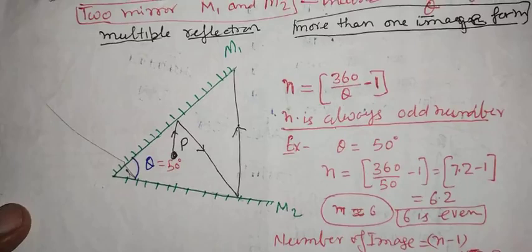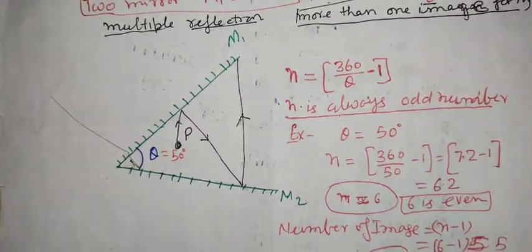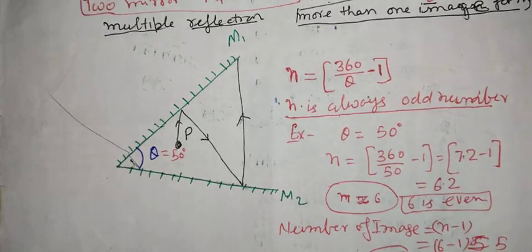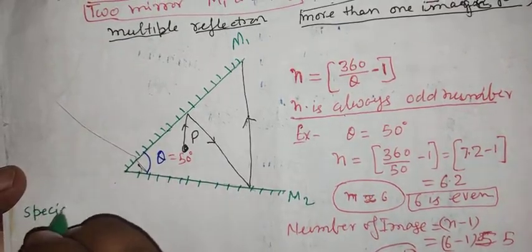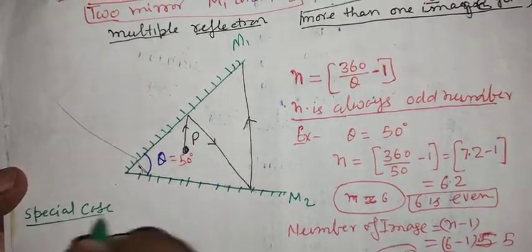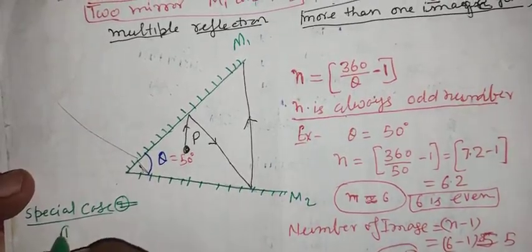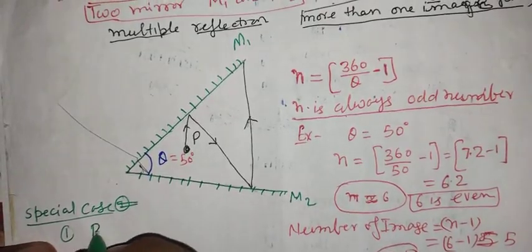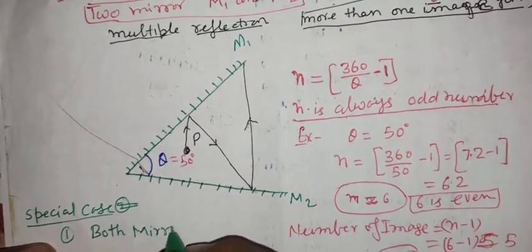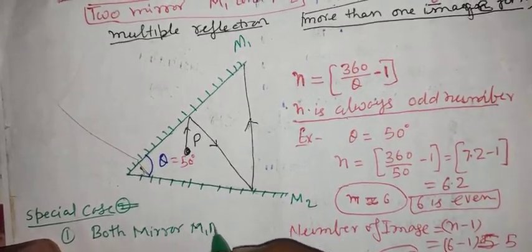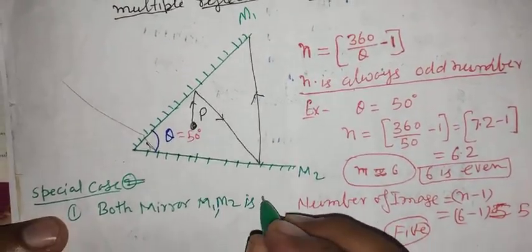Now we are taking two special cases to understand this. First case, if both mirrors M1 and M2 are parallel.